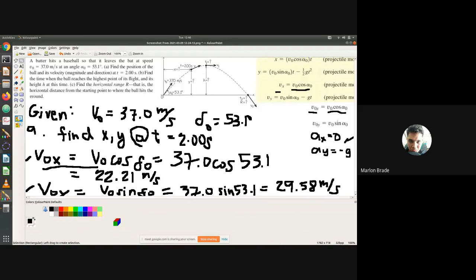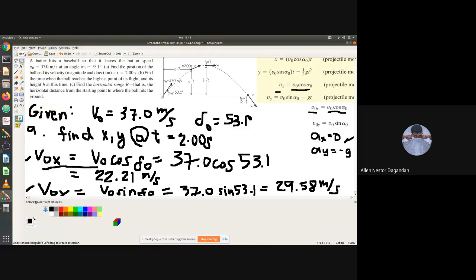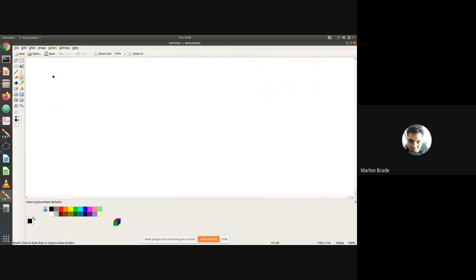Guys, what is the velocity when it reaches the highest point, the maximum height of your baseball? The velocity along y is 0. Yeah, so that is what happens.